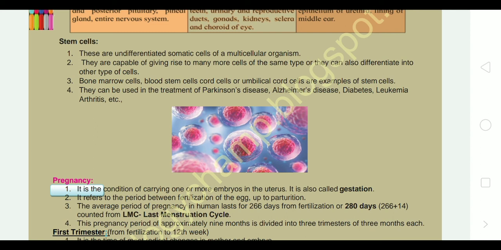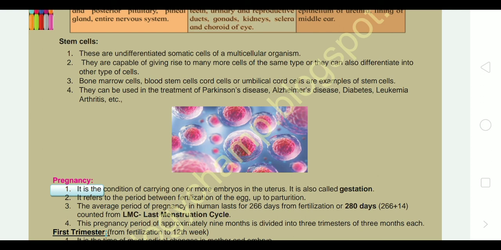Bone marrow cells, blood stem cells, and cord cells or umbilical cord cells are examples of stem cells. They can be used in the treatment of Parkinson's disease, Alzheimer's disease, diabetes, leukemia, and arthritis. Stem cells are especially useful to study the genetic structure or genetic pool of any organism.